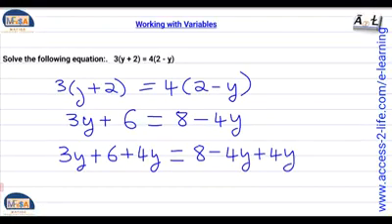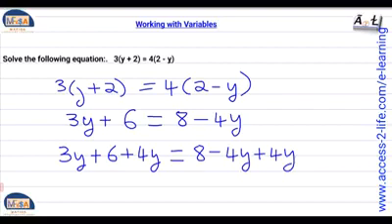The reason we chose the 4y is because we wanted to get rid of the minus 4y on the right side, and what we do on the right we must do on the left because we introduced something that was not there before. If we introduce something that was not there before, we have to do it on both sides of the equal sign so that ultimately they cancel each other out.